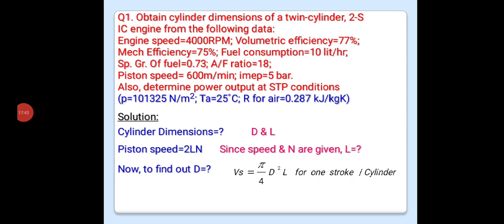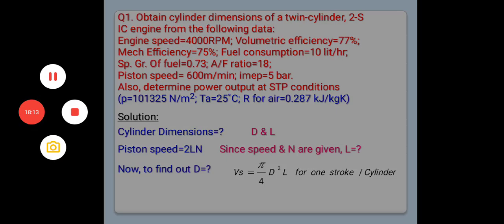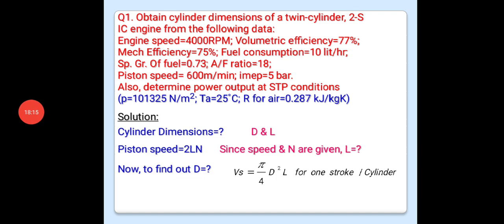Now in this problem, remaining part is to determine the power output at standard pressure temperature condition. So whenever you are going to calculate the power output, you have the relation, that is indicated power is equal to PLAN divided by 60,000. So this part is for homework purpose.